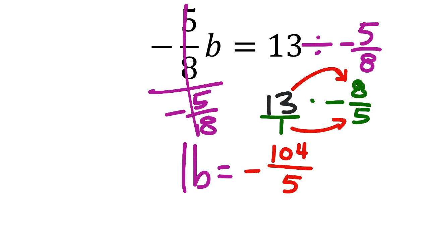So again, I would just leave it like that, but if you want the mixed number, that's okay. It's -20 and 4/5. Let's double check in the calculator by replacing the b with -104 over 5. The calculator confirms that b equals -104/5 makes this a true statement where it equals 13.